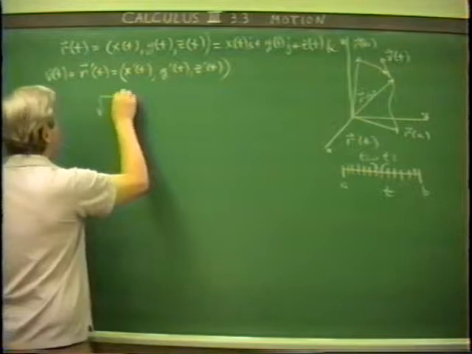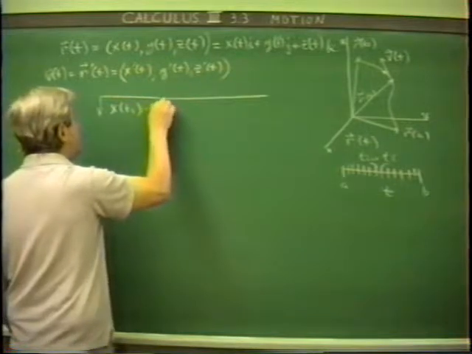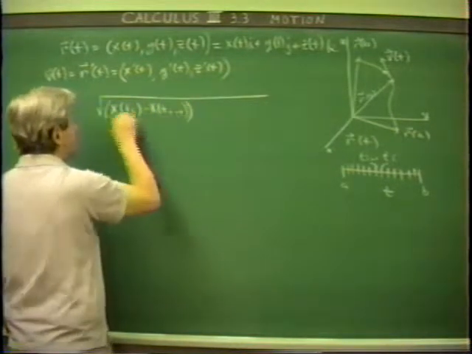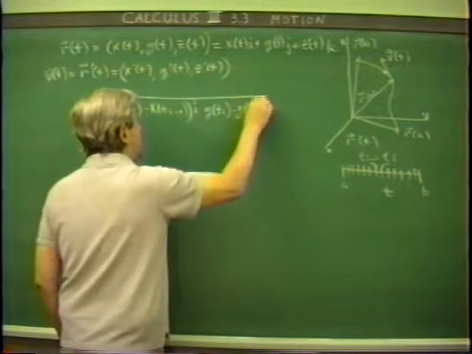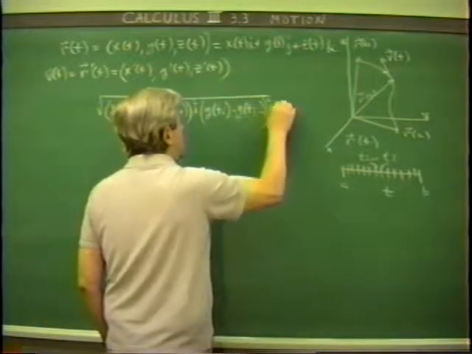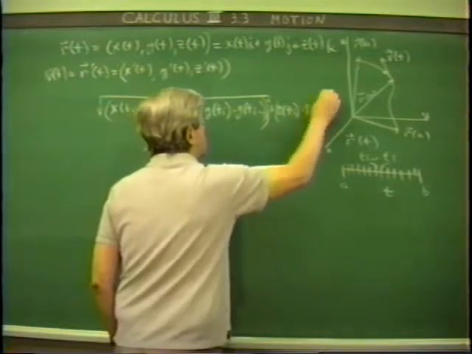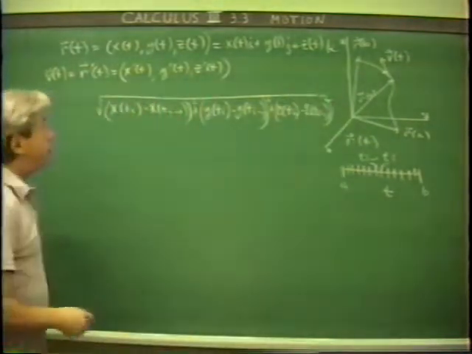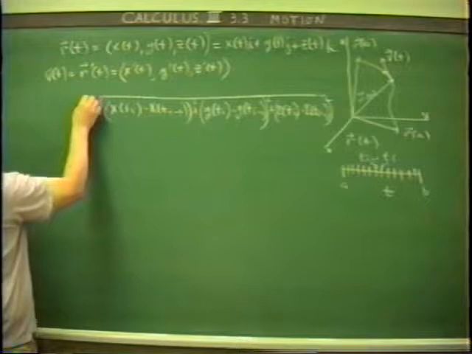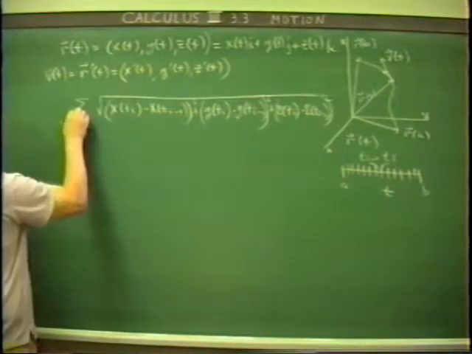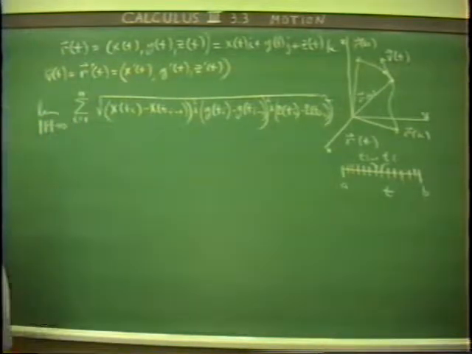And the length between those two is going to be given by the square root of x of t i minus x of t i minus 1 squared plus y of t i minus y of t i minus 1 squared plus z of t i minus z of t i minus 1 squared. So this square root is going to give you this length, the straight line length here. Okay? Now if we wished to get the length of the curve, what we would want to do is sum this up across the partition and take the limit as the norm of the partition got small.